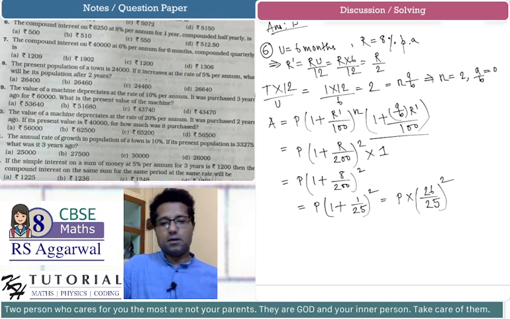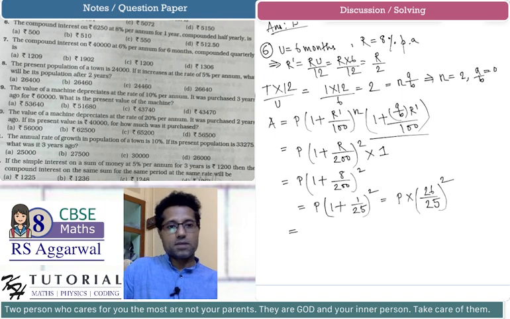Okay, and what is P? The principal, 6250, so this is 6250 multiplied by 26 multiplied by 26 divided by 25 multiplied by 25.